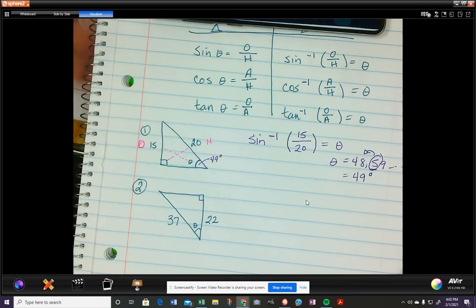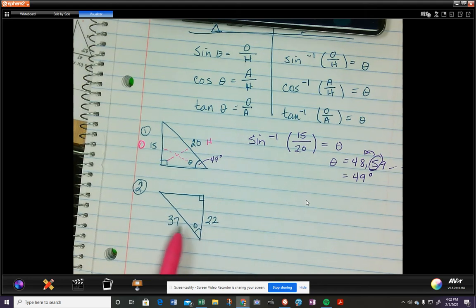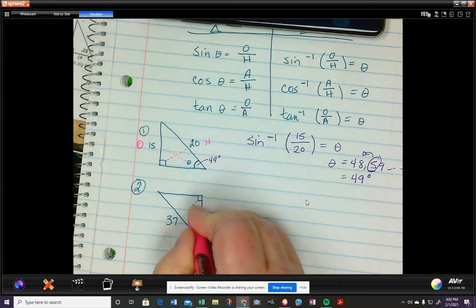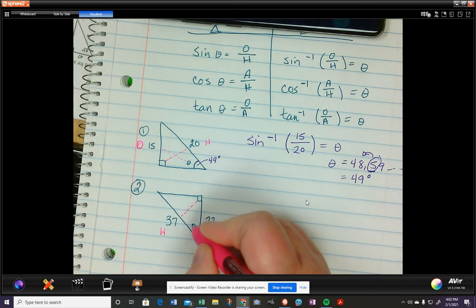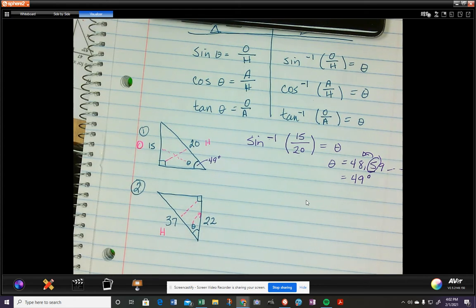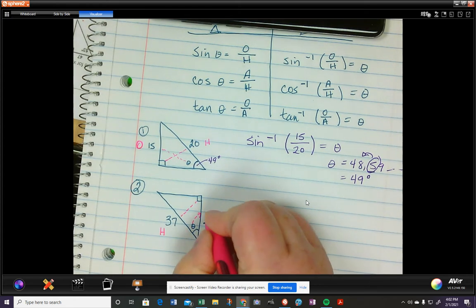So we've got this triangle. I've got 22 on this side and 37 on this side. Well, if I draw an arrow from my right angle, that's my easiest one to figure out. That one is my hypotenuse. If I draw an arrow from the angle I'm looking for, that's my adjacent.